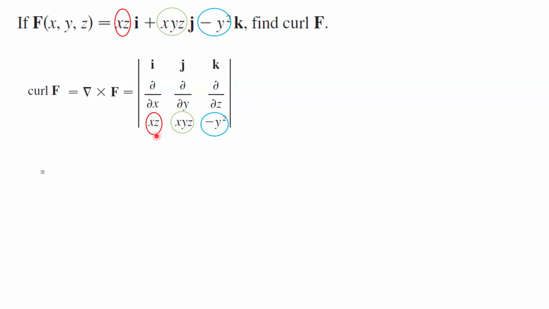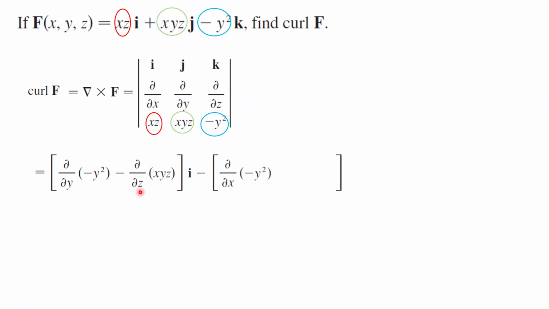Following the determinant of 3 by 3 matrix, it is equal to the partial derivative of negative y squared with respect to y minus partial derivative of xyz with respect to z in the direction of x, minus, then you're going to have the partial derivative of negative y squared with respect to x minus the partial derivative of xz with respect to z in the direction of y-axis.